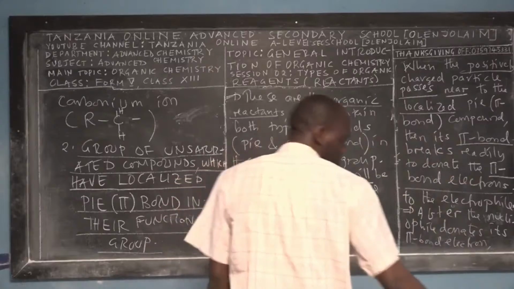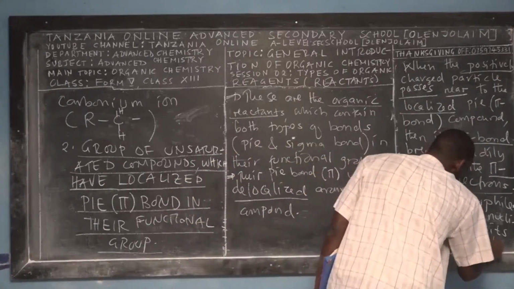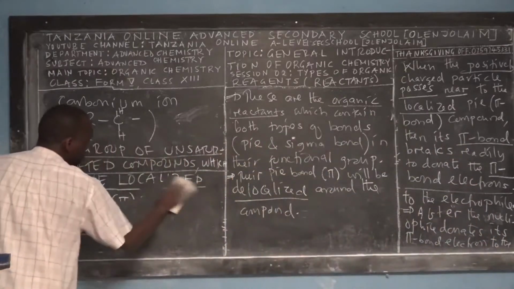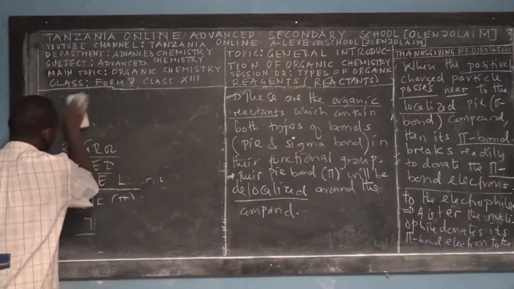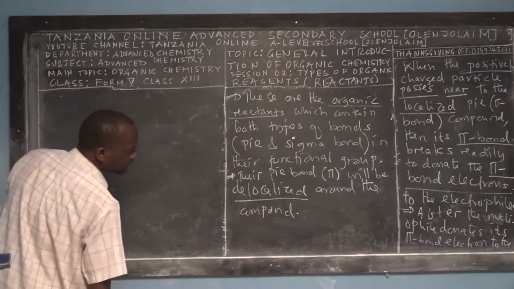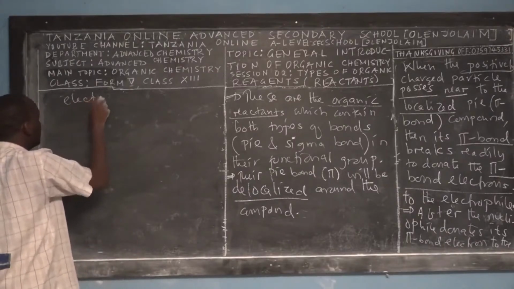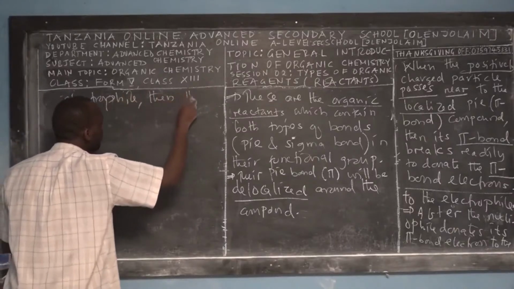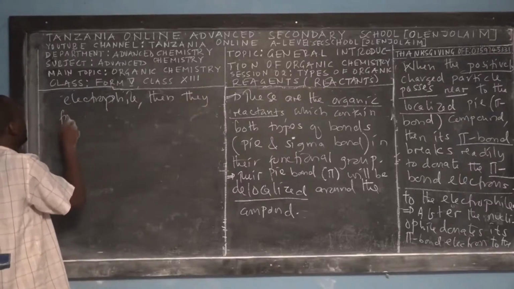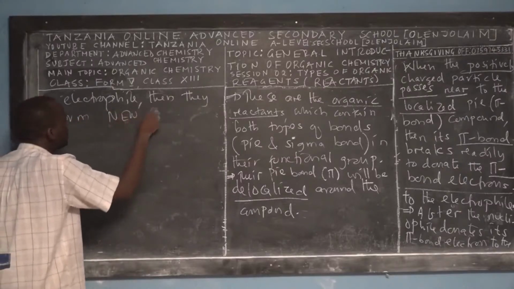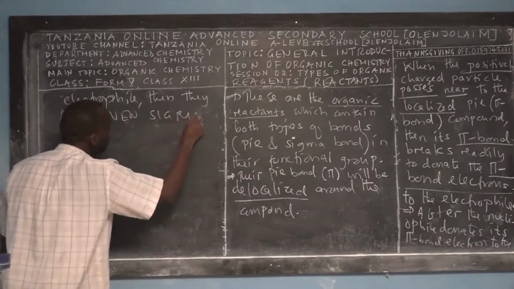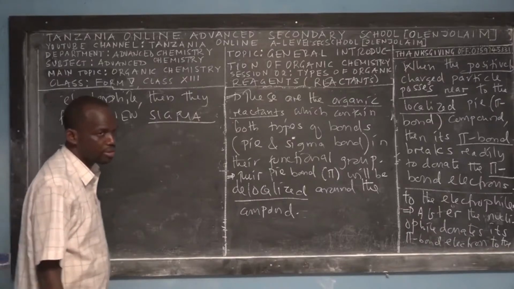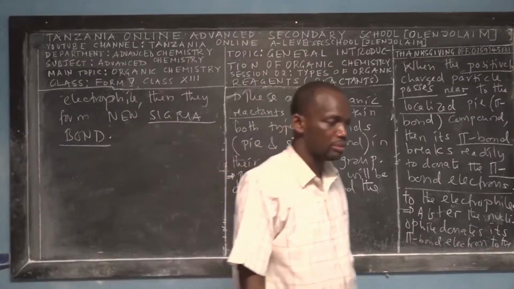To the electrophile. Pointing the electrons to the electrophile. Then they form a new sigma bond. New sigma bond. So while you are copying, ask yourself, what is pi bond and what is sigma bond?